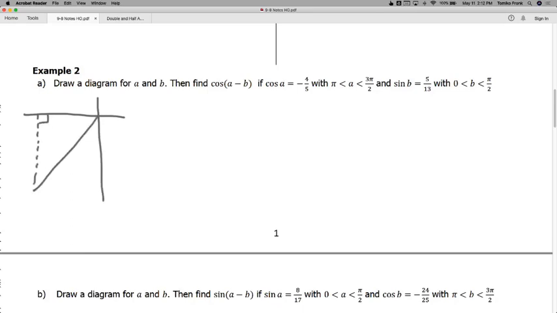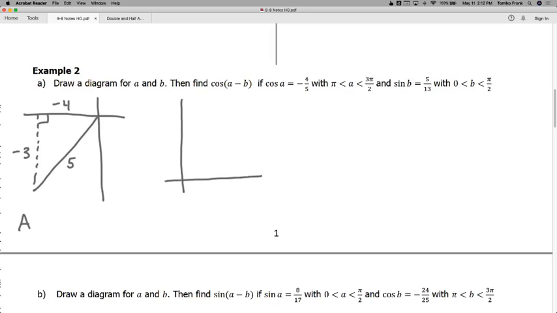So I am going to say this is diagram A, and we're told that the cosine of A is negative 4/5. So that means that the x value here is negative 4. The hypotenuse here is 5. This is a Pythagorean triple, so 3, 4, 5. Y needs to be negative 3 because we're in the third quadrant. All right, so the second angle we're given is B. We're told that the sine of B is equal to 5 over 13, and B is between 0 and pi over 2.